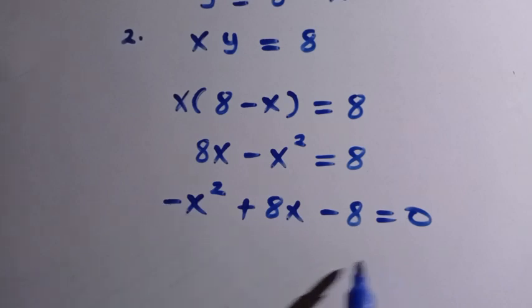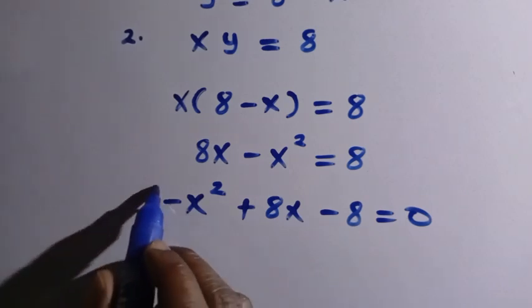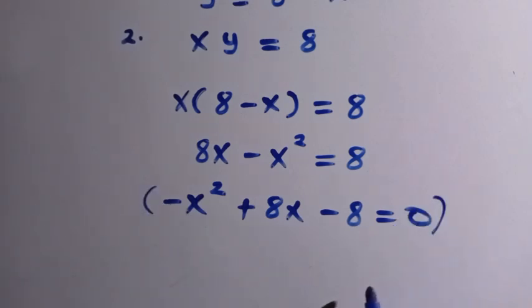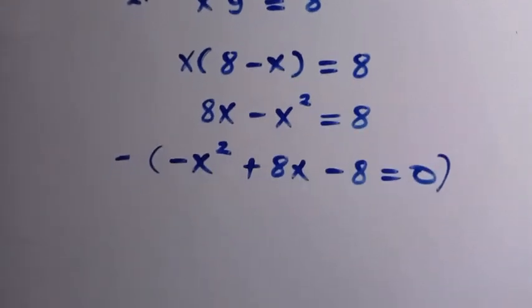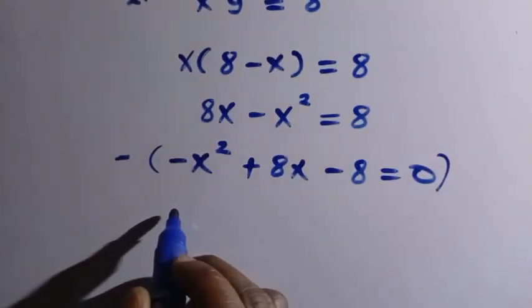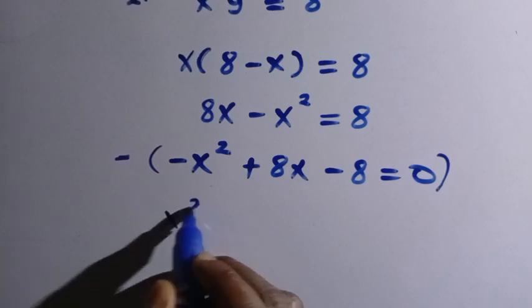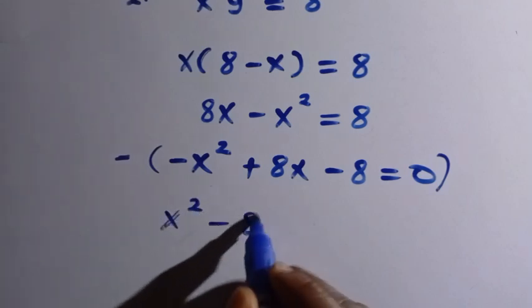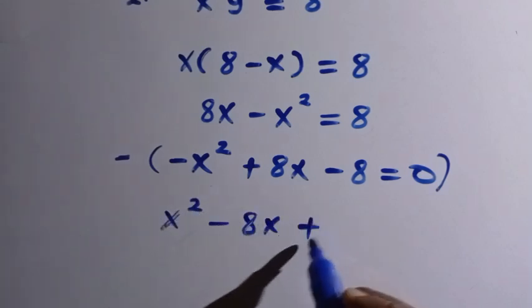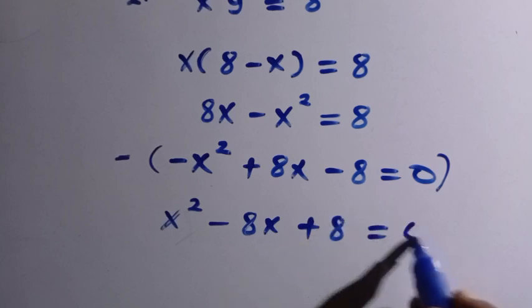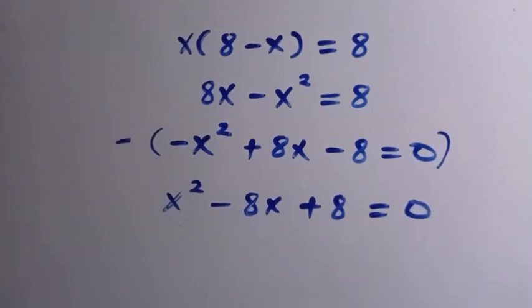By multiplying through by negative, we have positive x squared minus 8x plus 8 equals 0. So we now have a full quadratic equation.